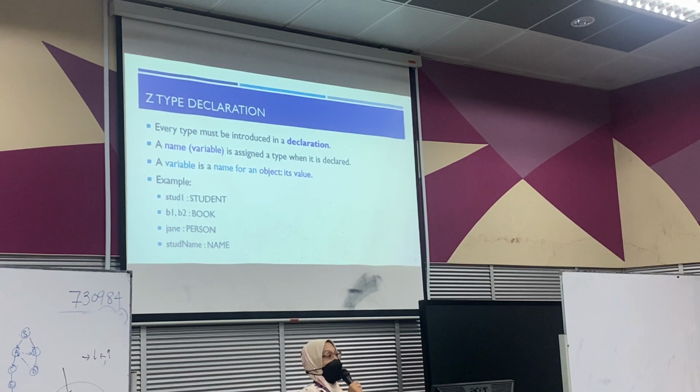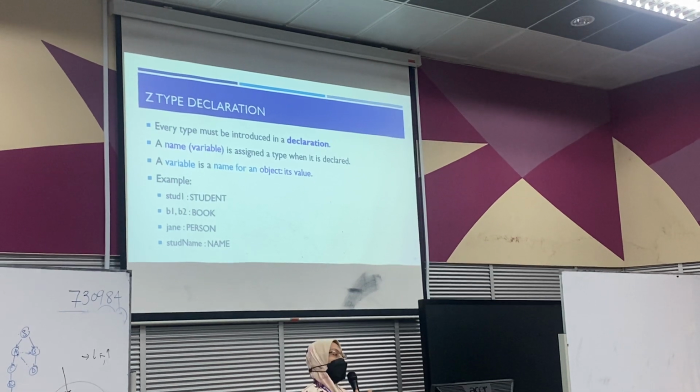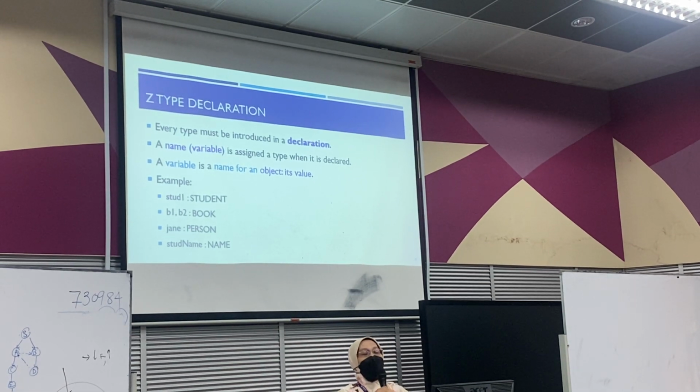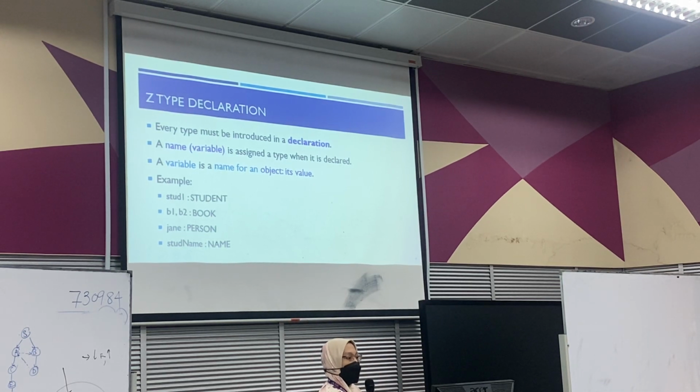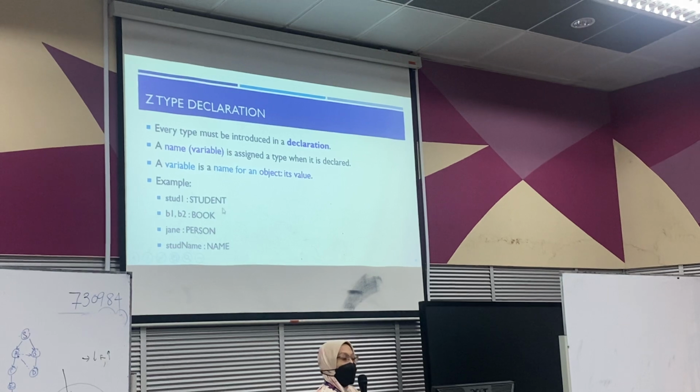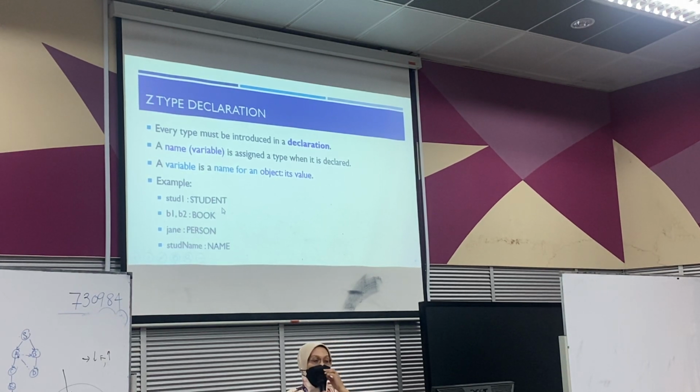Then how do you declare them inside your Z schema later? When you want to declare, it's a combination of your identifier and the type. You use identifier, colon, and your type here.